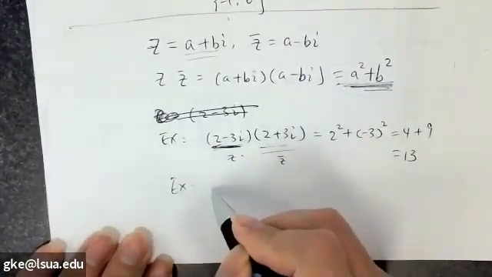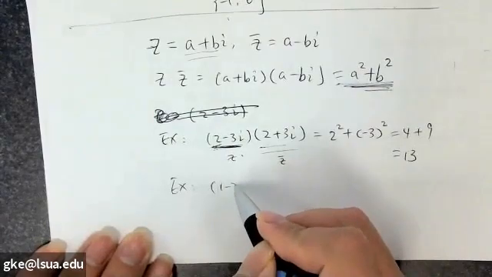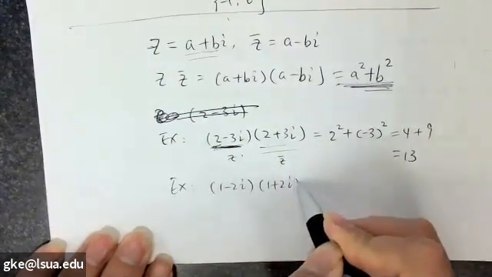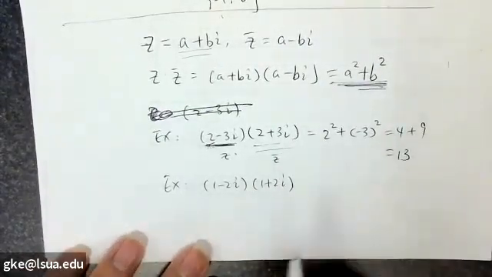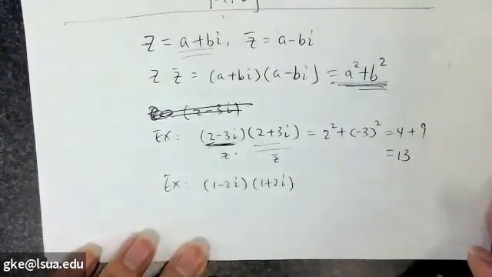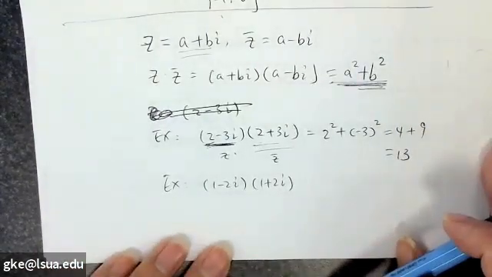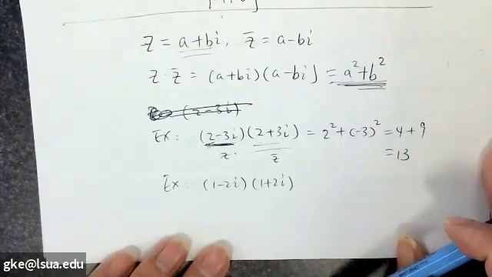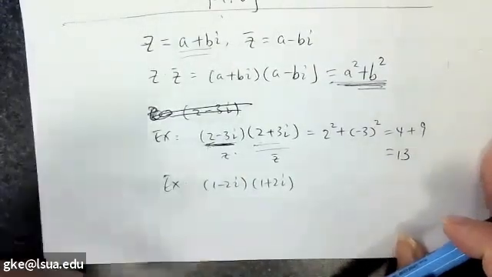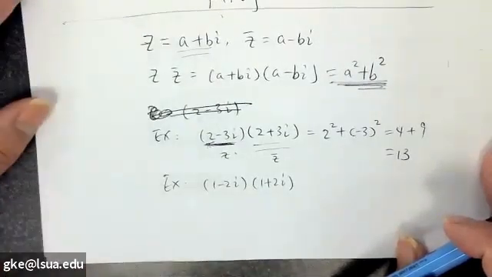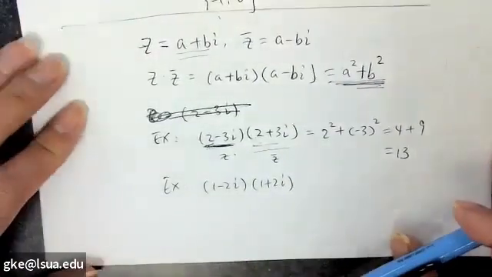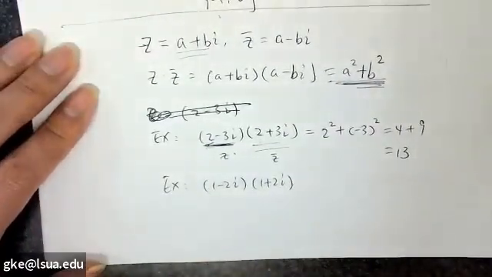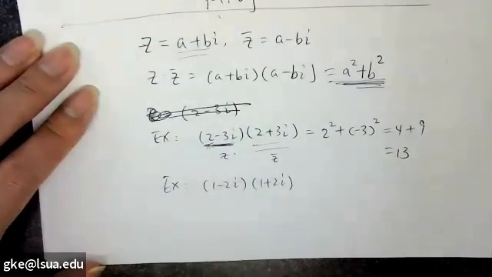Okay, I'm gonna give you guys another one. 1 minus 2i times 1 plus 2i. For example, I give you guys 1 minute. Try it. As long as you know what is a, what is b, just plug in the formula. You're gonna get it very quickly. 5.